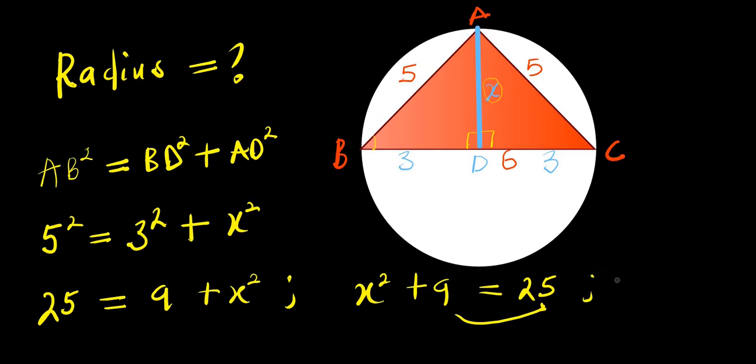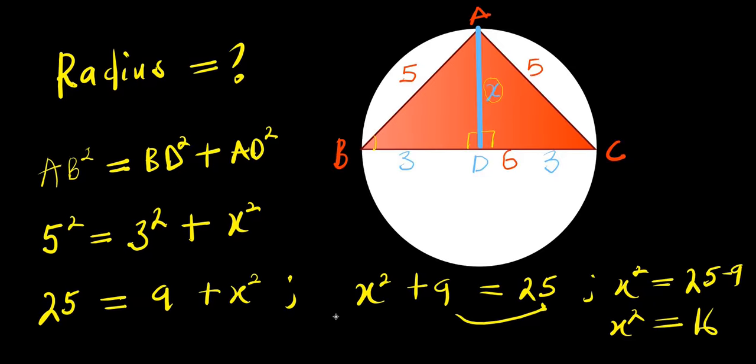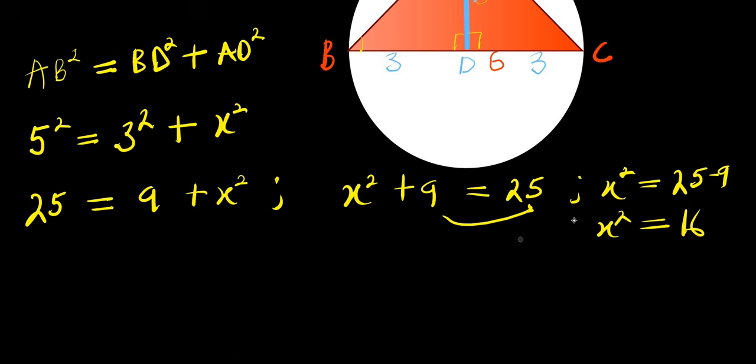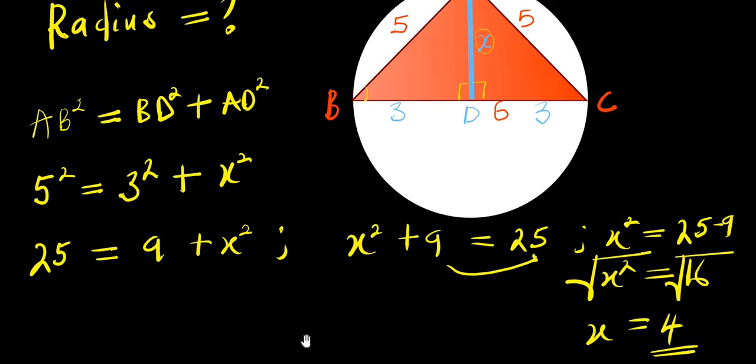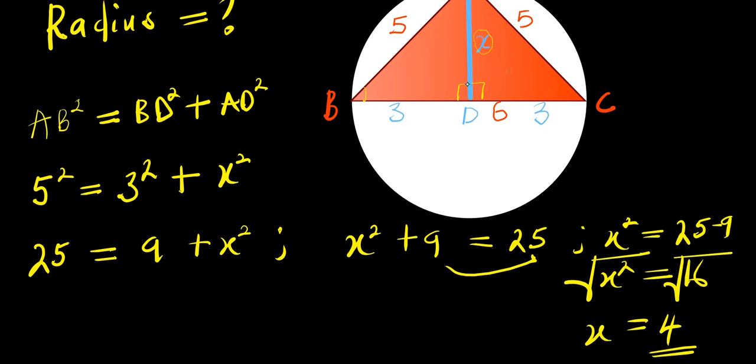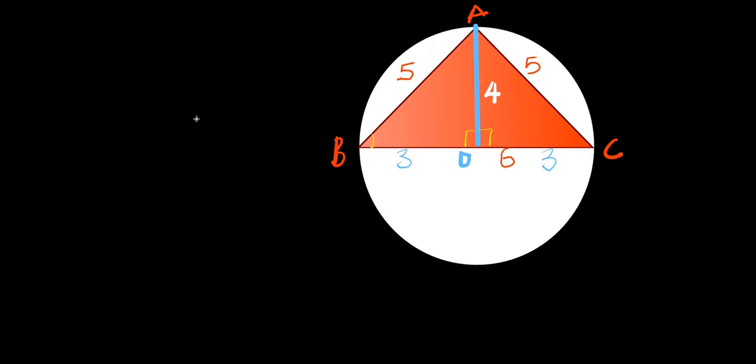That means we have X squared equals 25 minus 9. And that means our X squared equals 16. And from here we can solve for X by taking the square root of both parts. That means our X equals 4. So let's take note of that, and we can easily replace our X with 4. So let's quickly do that.